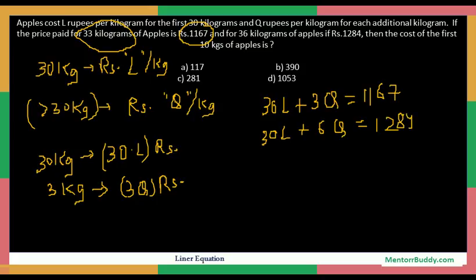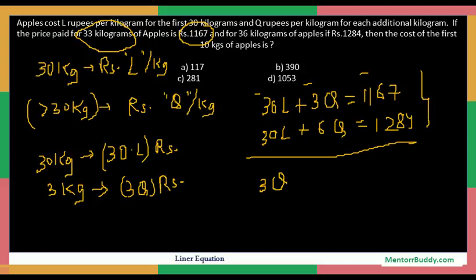We can see these two equations are the very same as the equations in x and y which we did in the previous slide. So solving this, I'll subtract: 30L minus 30L will be equal to 0, and 6Q minus 3Q will be equal to 3Q.